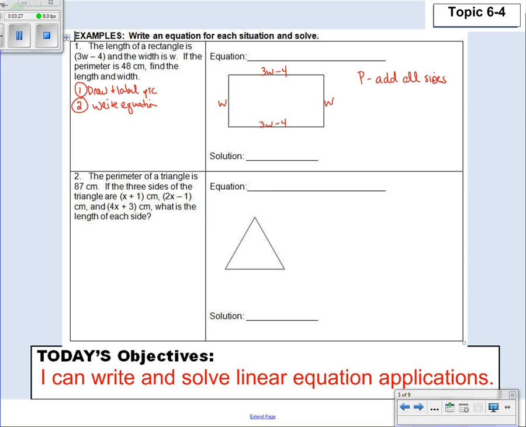So if I'm adding all the sides, we're going to take 3w minus 4 plus w plus 3w minus 4 plus w. When I add them all up, it should equal the perimeter, which is 48. So the last step then is to solve for the variable.